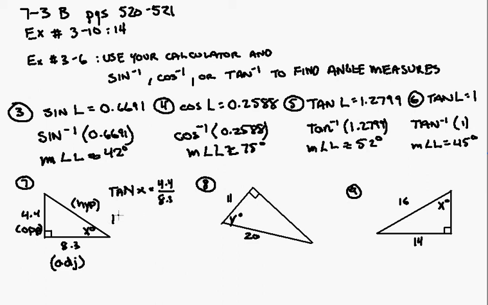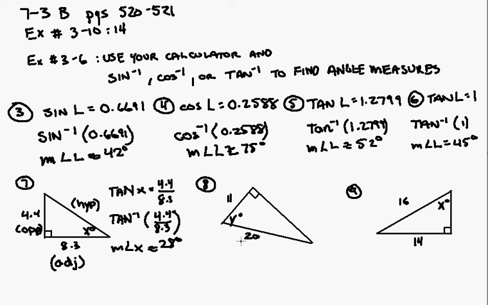So on my calculator, I'll go tan minus 1 and input that ratio, 4.4 divided by 8.3, and then I hit enter, and I should get that the measure of angle X is approximately 28 degrees.